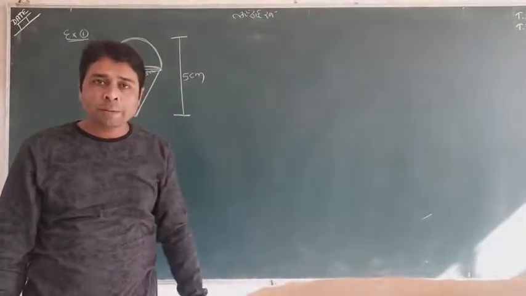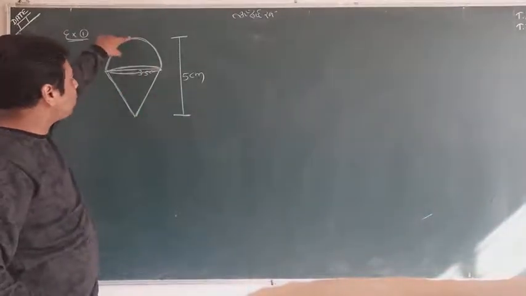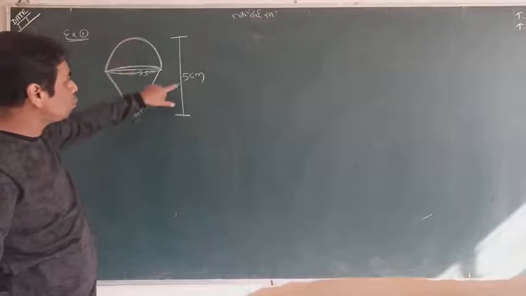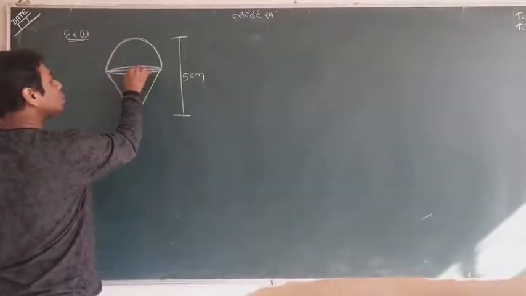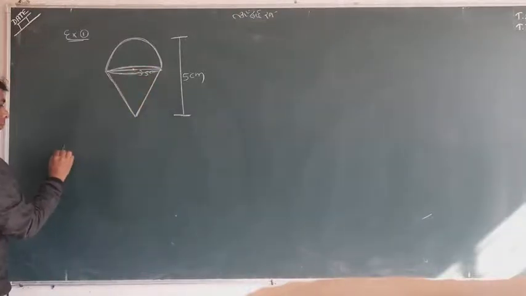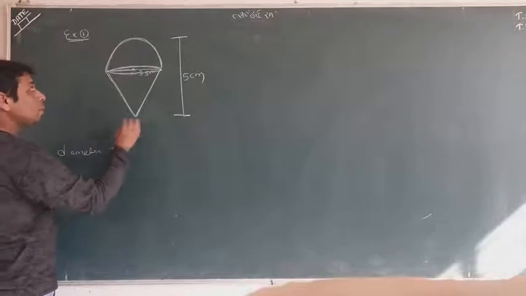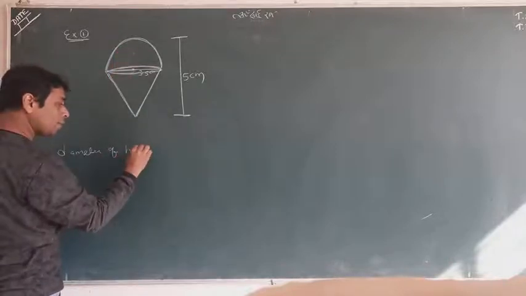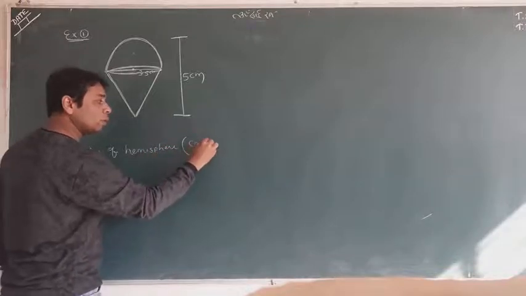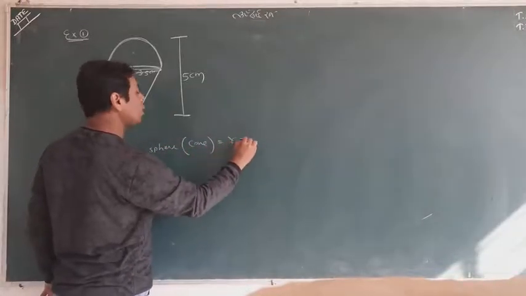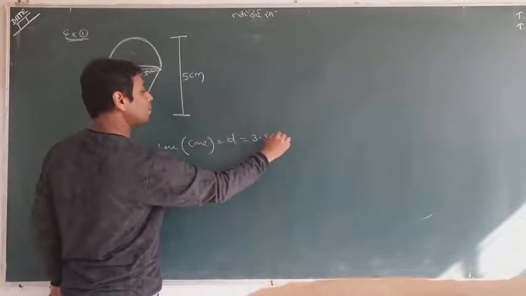That is very simple. We have the whole height of the lattu as 5. One more thing, the diameter is 3.5. So the radius will be, I'll write here, diameter of hemisphere as well as cone, D equal to 3.5 centimeter.